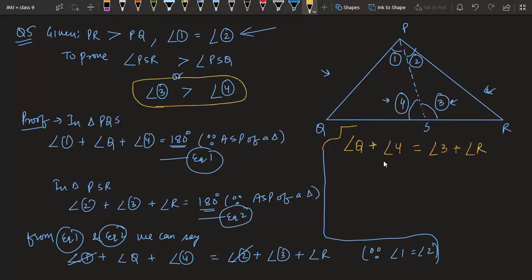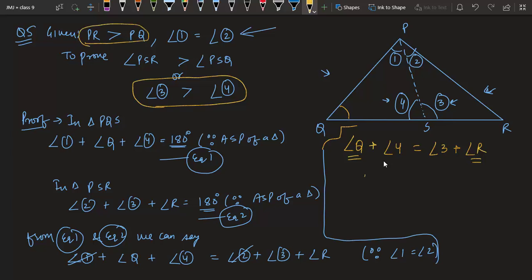That means this Q and R should be removed from here. What to do now? If you observe, this Q is opposite to side PR and R is opposite to PQ, and we know here that PR is more than PQ.